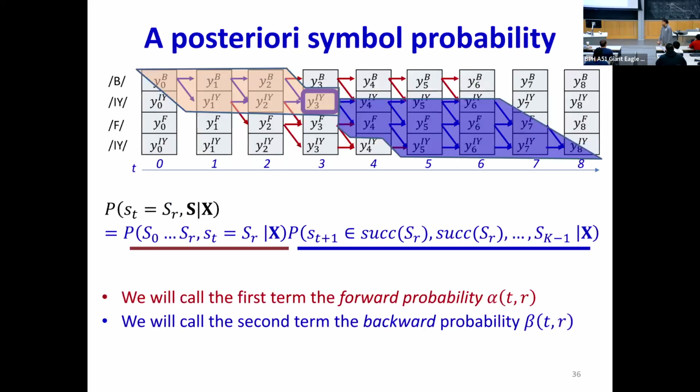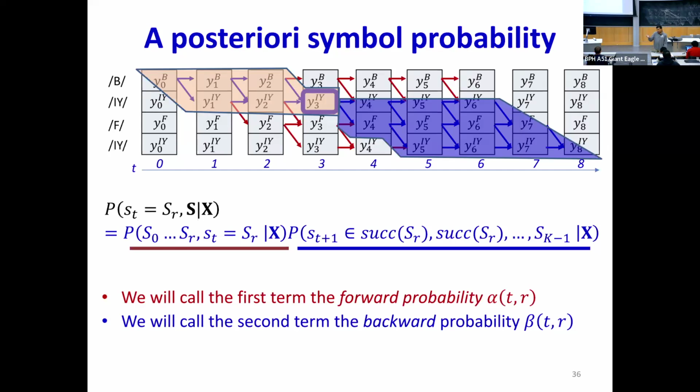So I don't have to worry about the fact that the symbol at time 3 was E. The total probability of the blue portion of the graph doesn't really depend on how you compute the probability of the initial portion of the graph. So this decomposes the problem into the product of two terms, the probability of the pink portion of the graph and the probability of the blue portion of the graph. Making sense to you guys?